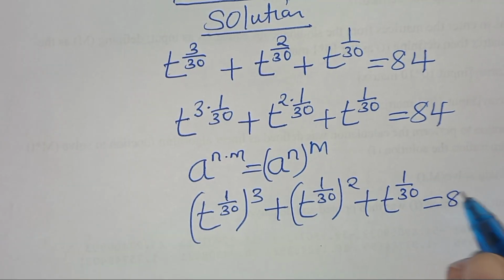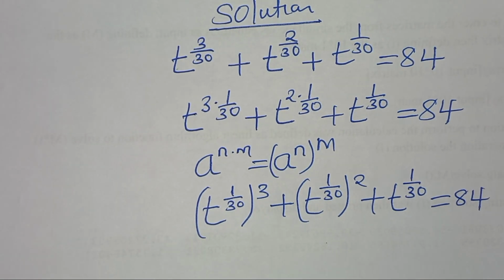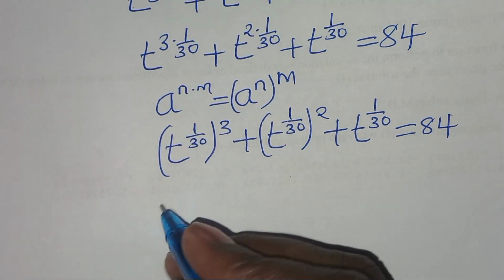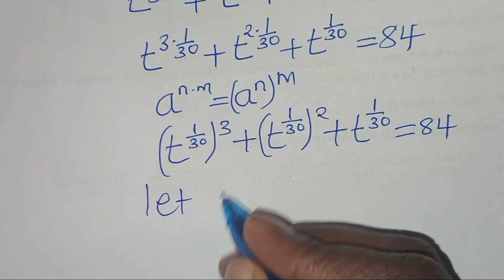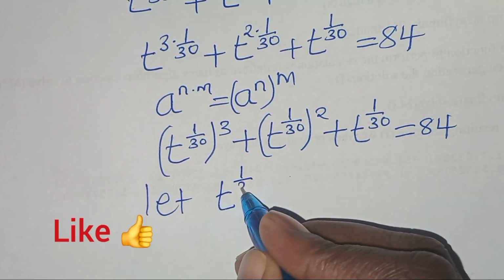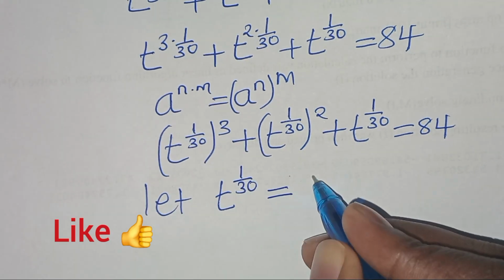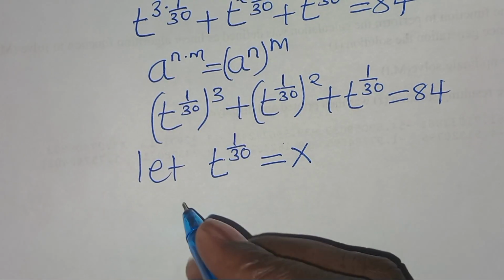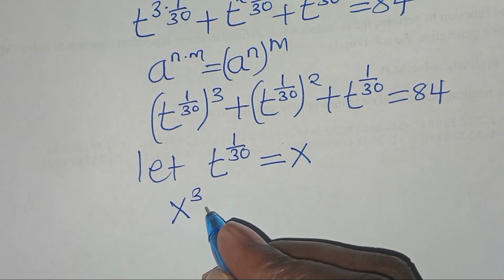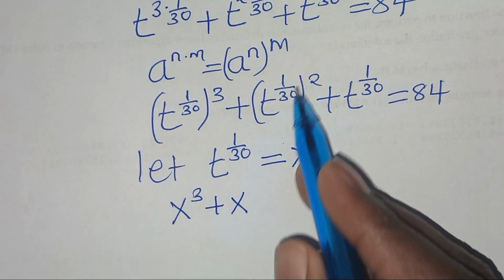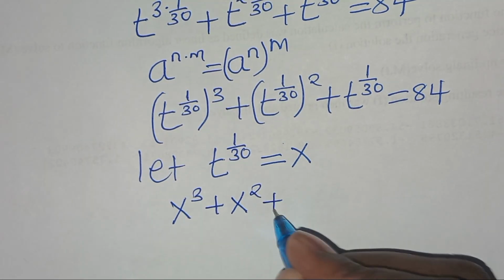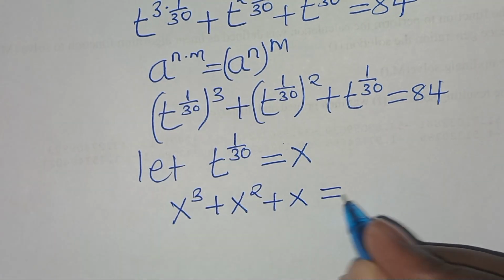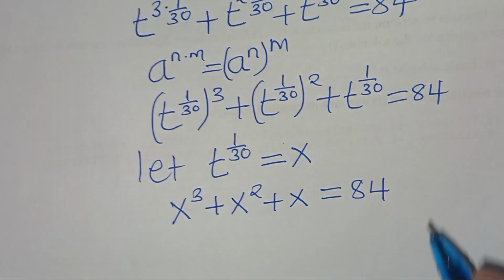This is equal to 84. The next step from here, we can just say let t to power 1 over 30 be equal to x. So this implies here we have x to power 3 plus x to power 2, then plus x. This is equal to 84.